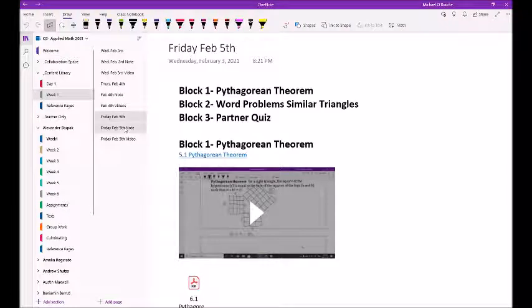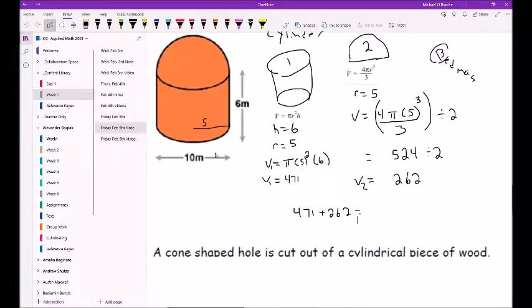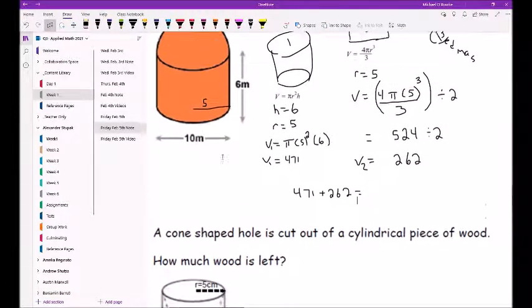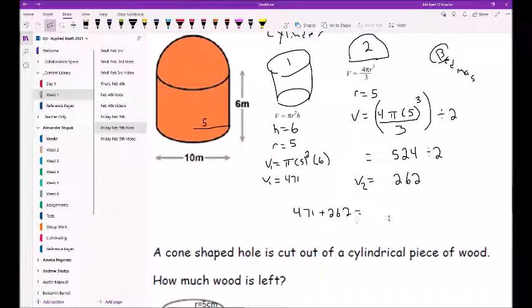Pythagorean theorem. Okay, where am I here now? So we add those 2 up, 471 plus 262. So our final answer is 733. Okay, in this case, meters cubed.